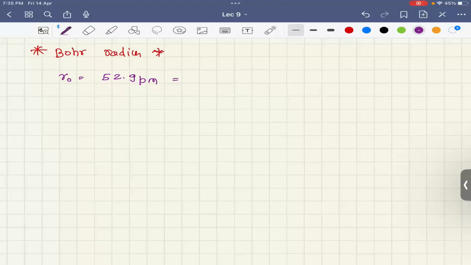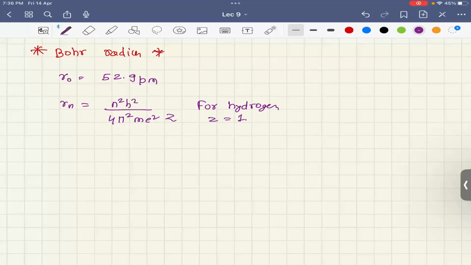Right, and the expression for the nth orbit's radius comes out to be n square h square divided by 4 pi square m e square Z, right? For hydrogen, Z is equal to 1, right?